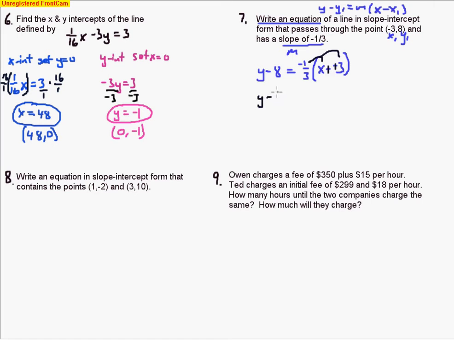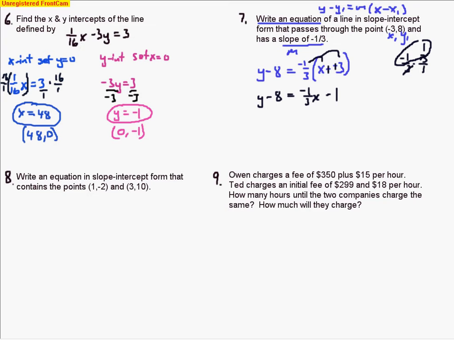Y minus 8 equals negative 1/3 x. But off to the side, write down negative 1/3 times 3. So remember, the 3's end up cross-canceling, but watch the sign. That's real important. That's where a lot of people end up making the error right here. This is a negative times a positive makes a negative 1.